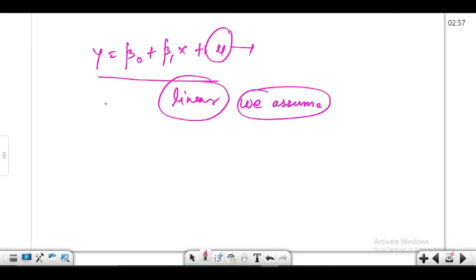So SLR addresses the third question. We have y is equal to beta naught plus beta 1x plus u.